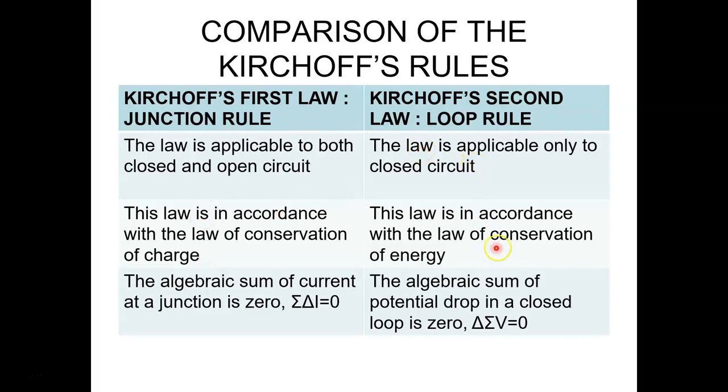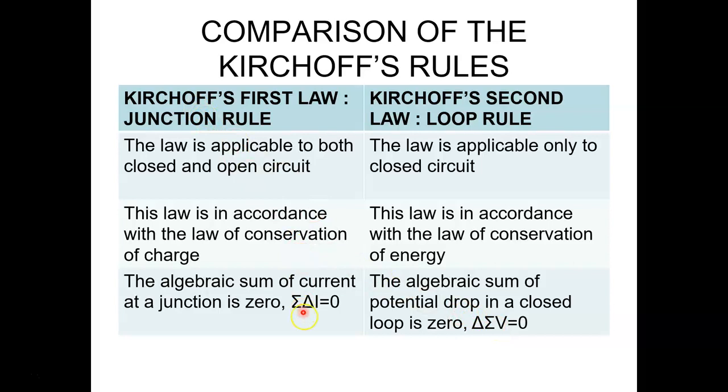The loop rule is in accordance with the law of conservation of energy, because the total energy in is equal to the total energy out. The last point of comparison is that the algebraic sum of current at a junction is equal to 0, and the algebraic sum of the potential drops in a closed loop is also equal to 0. So you can see the difference.